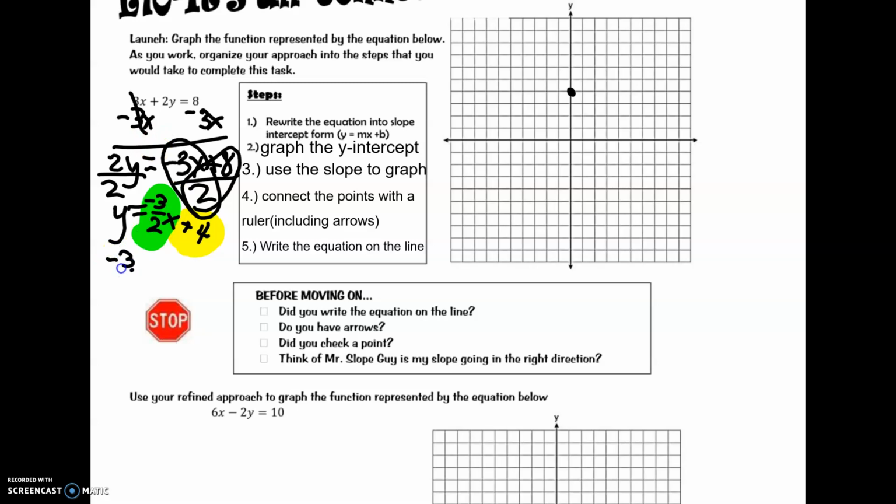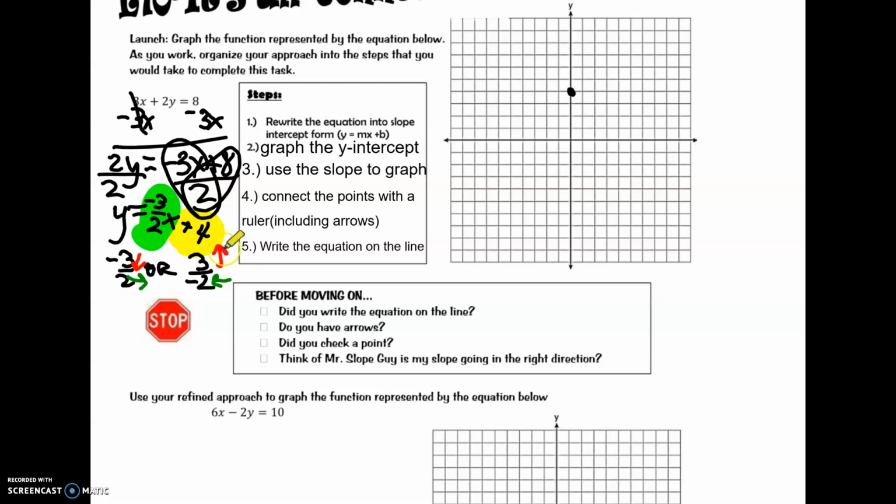It could be read as -3 over 2, or 3 over negative 2. The directions associated with these would be, because the y is negative, down 3, and because the x is positive, to the right 2. Or it could be read as up 3, and then because the x is negative, to the left 2.